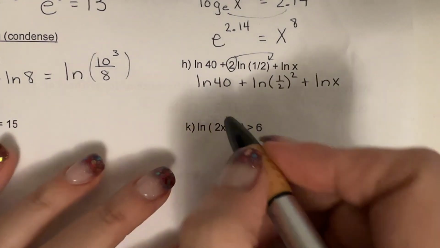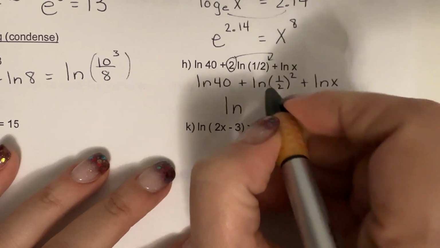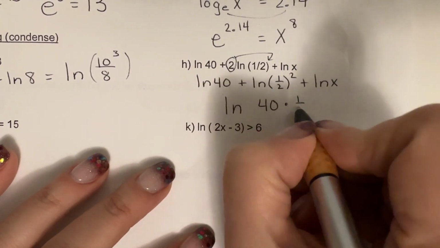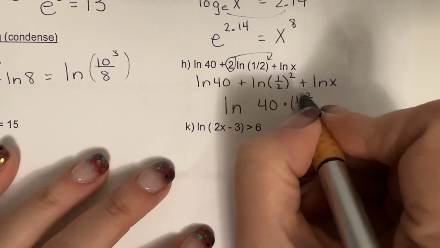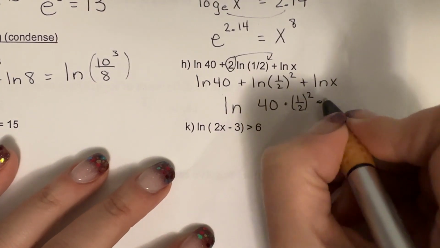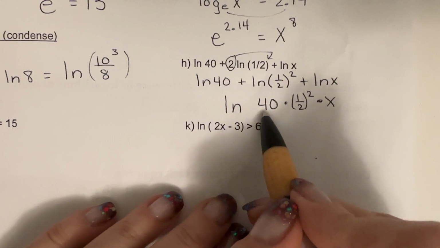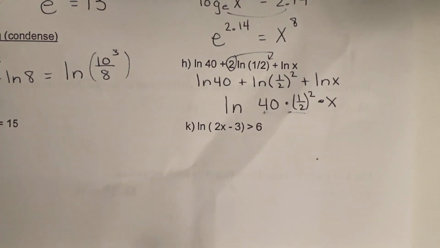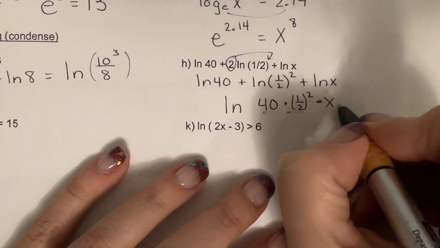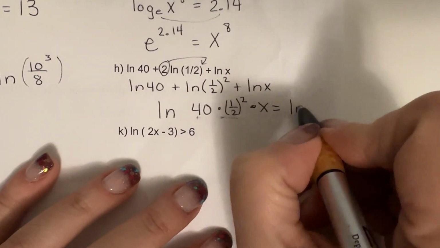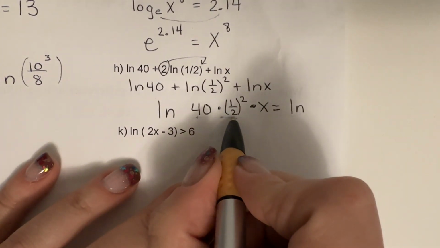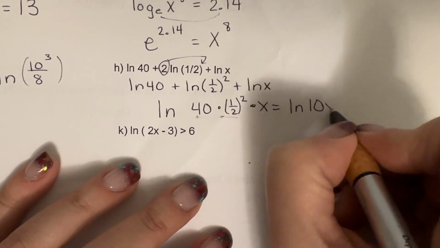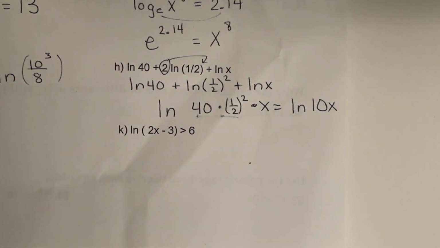As you can see, they all three are, so it'll be ln of 40 times 1/2 squared times x. All right, so I need to put this stuff together right here. This is a great place to use a calculator if you'd like. But either way, you're going to end up with ln of, remember that was 1/4 times 40, of 10x. And you're all done with that.